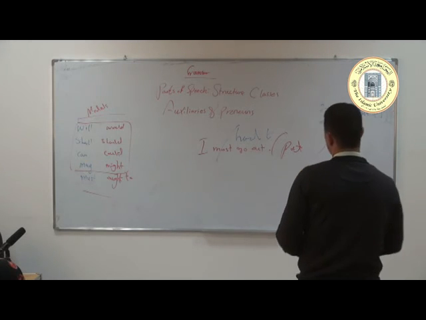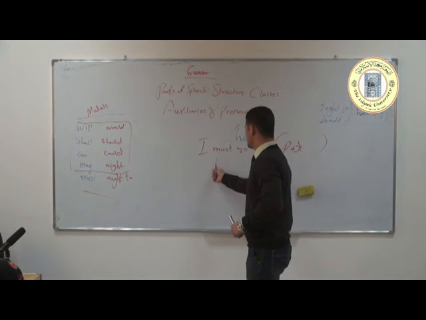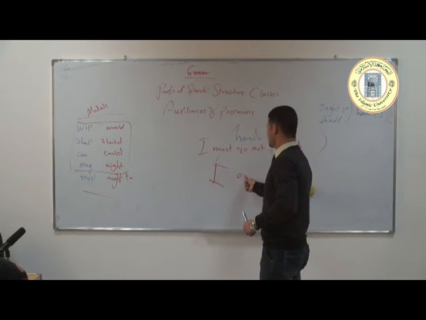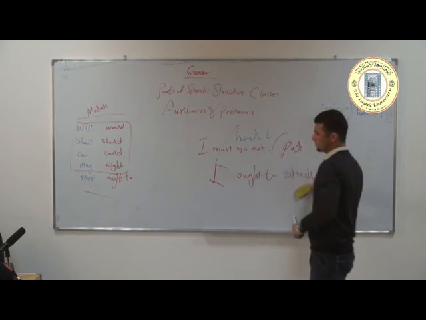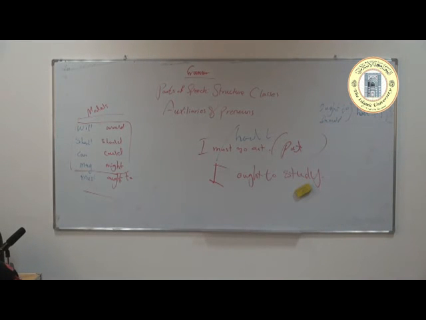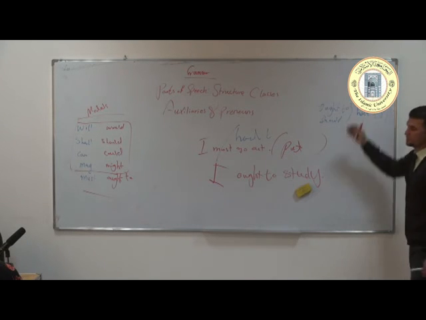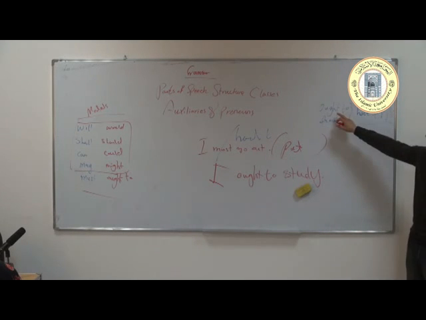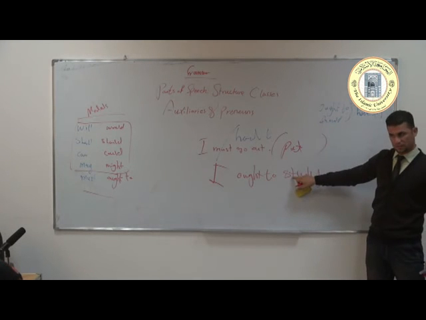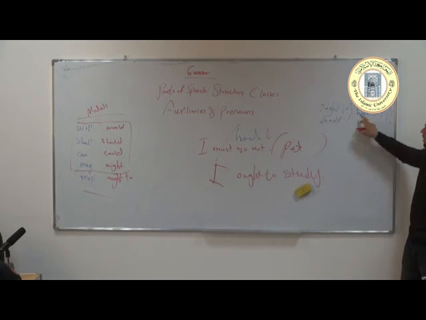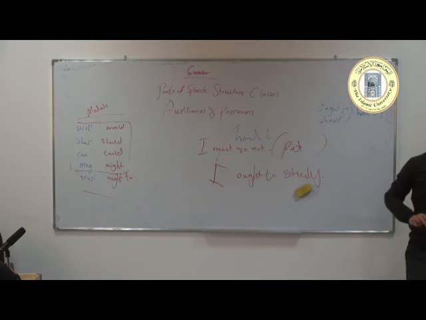If I have a sentence like "I ought to study," this is the present, right? If you want to express the past, you can say "I ought to have studied," or "I should have studied."